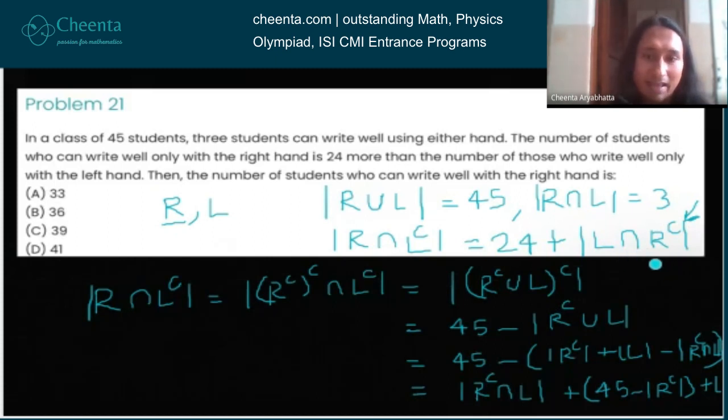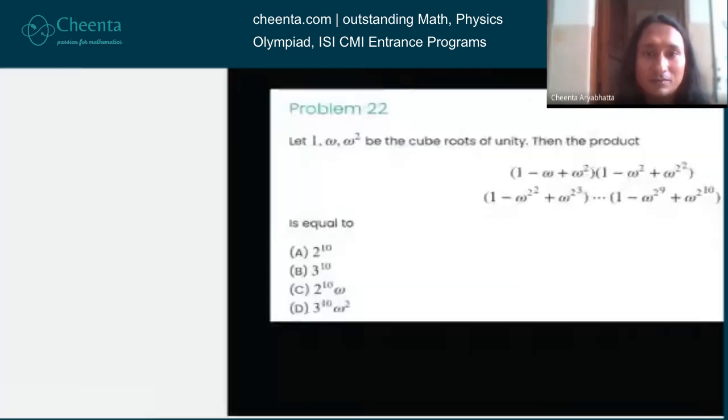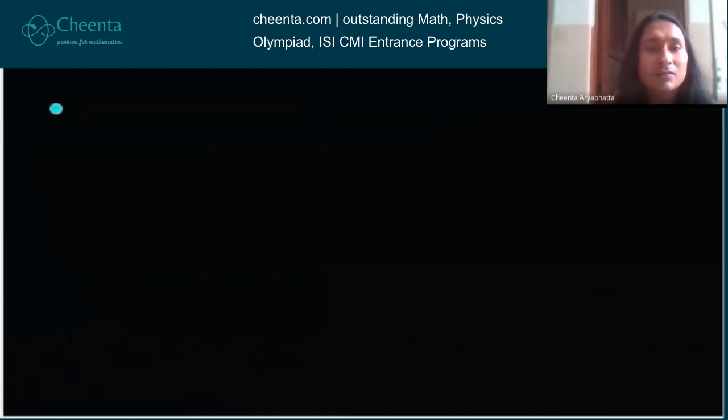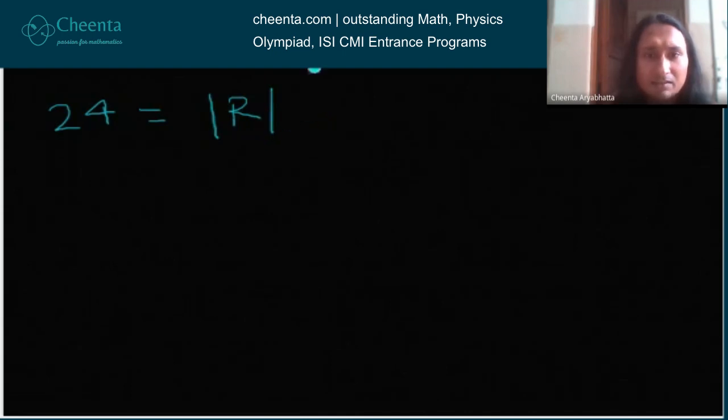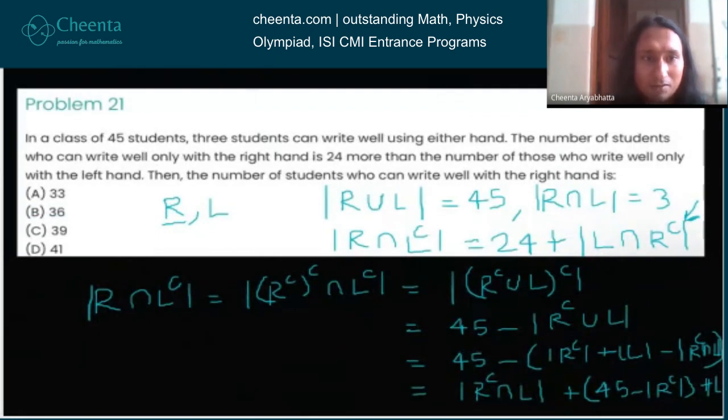Then we'll be able to cancel it. Note further that 45 minus R complement is R, because 45 is the total number. It will give us 24 is equal to R minus L. Sorry, I wrote it wrong, it's R minus L here.